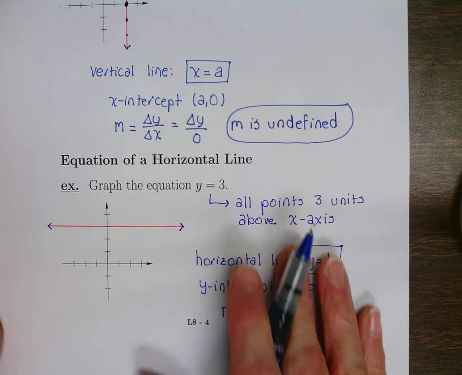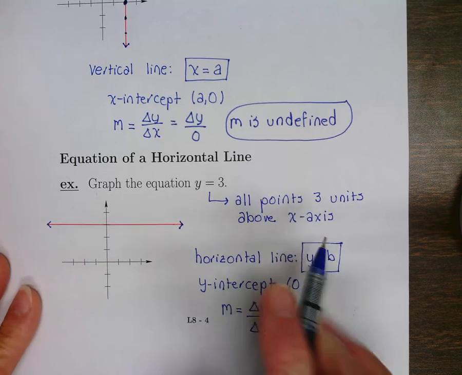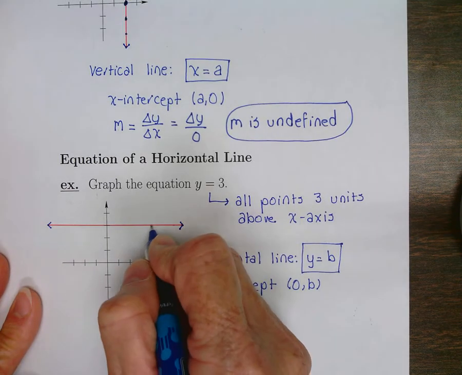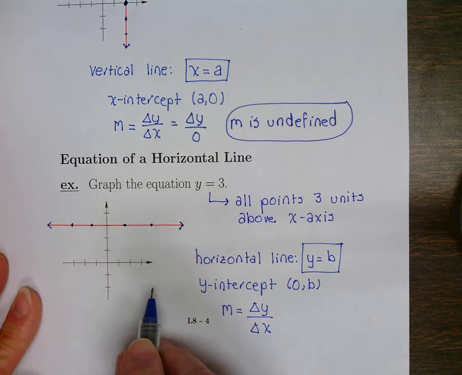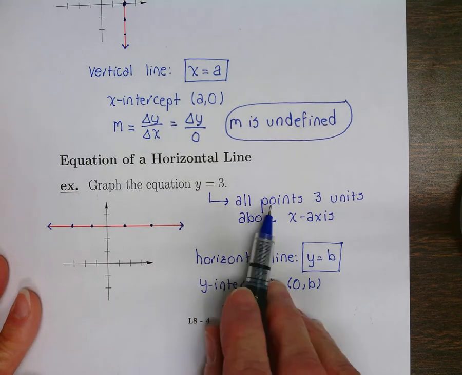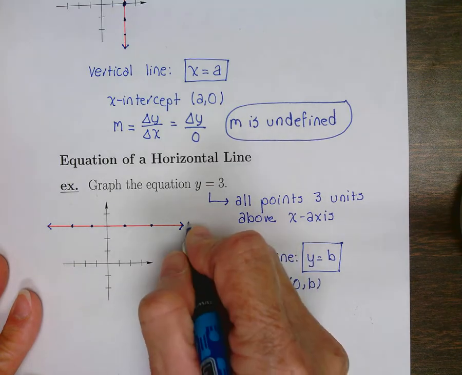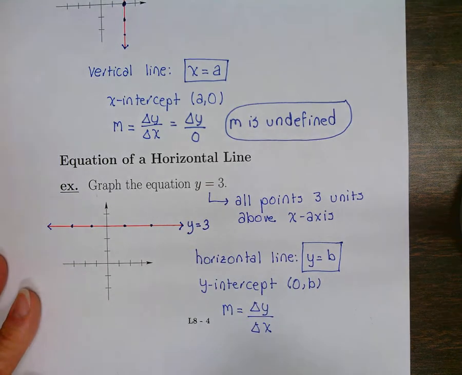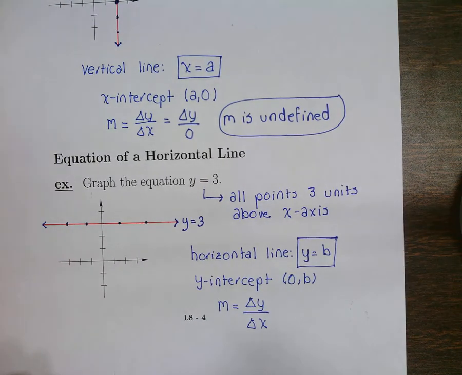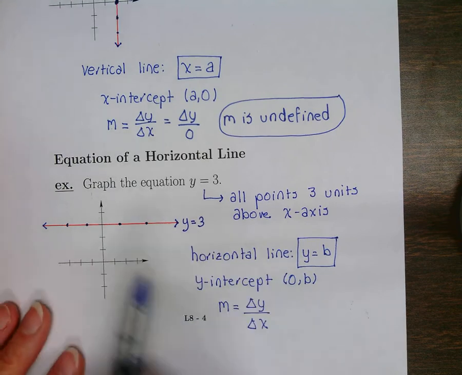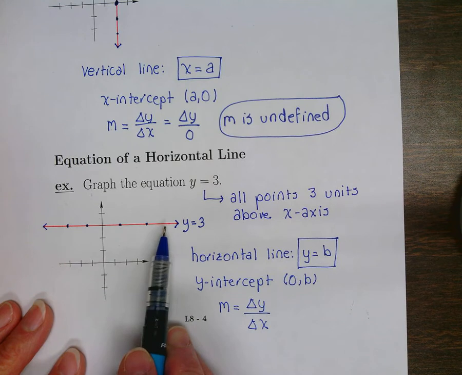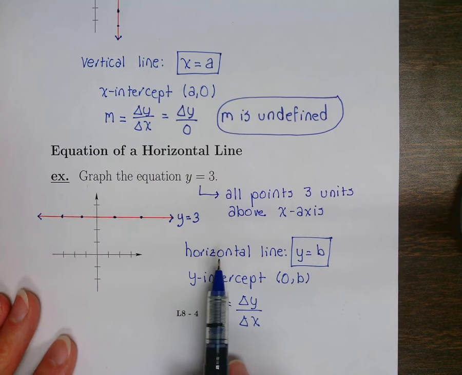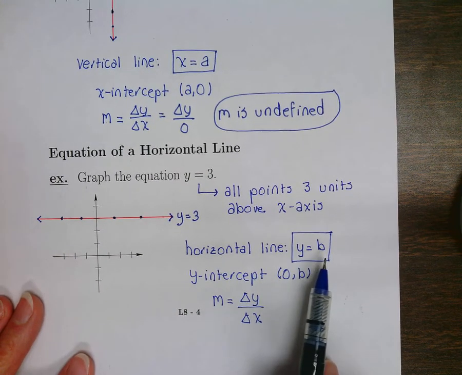On the other hand, a horizontal line represents all points that are a certain distance from the x-axis. In this case, y equals 3 is all points 3 units above the x-axis. And we can see that its equation is y equals 3 and that the line is horizontal. And so a horizontal line has the equation y equals a constant.